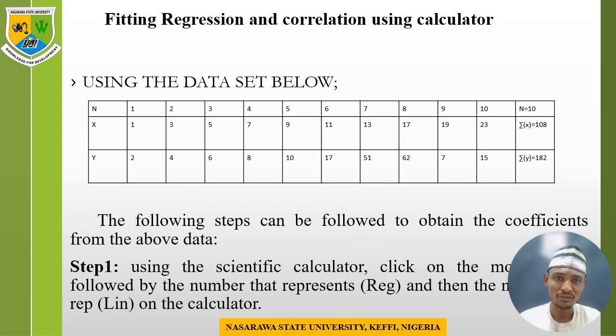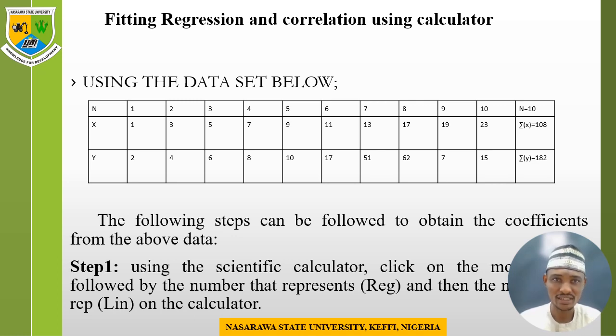Now, apart from mean, standard deviation, and variance, you can also fit a linear regression and correlation using the same scientific calculator. Now, for the data given in this particular table, we have n, which is the number of observations, and we have x, and we have y.